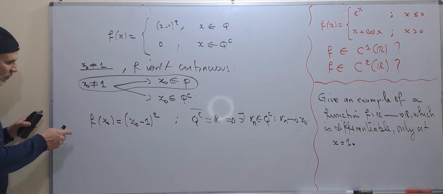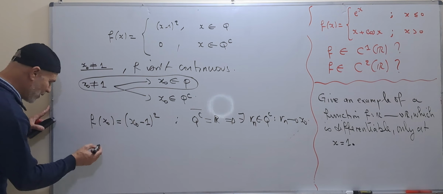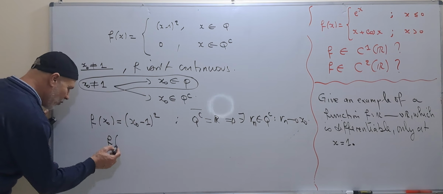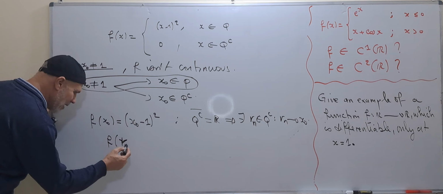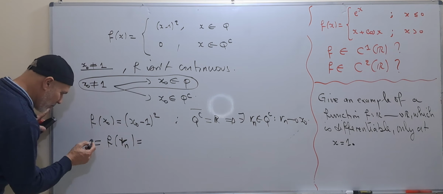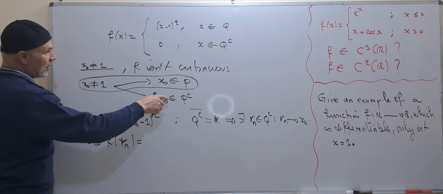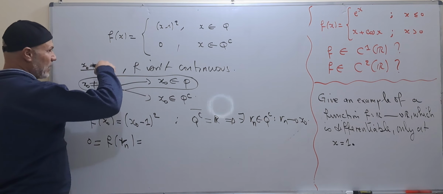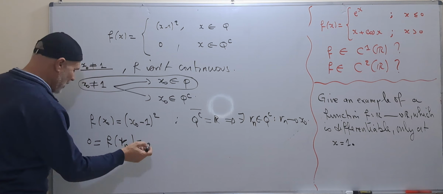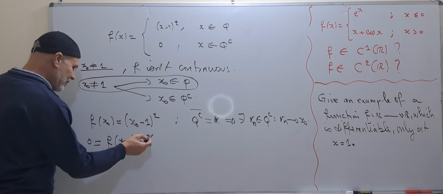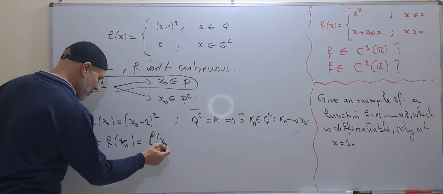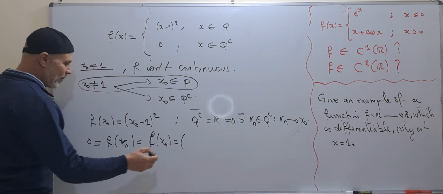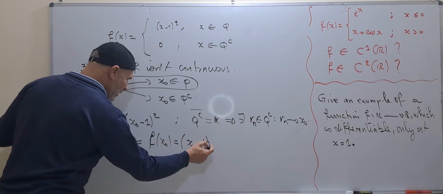On one side, f of r_n is equal to 0 because r_n is in Q complement, irrational. And on the other side, f of x0 is equal to x0 minus 1 squared.